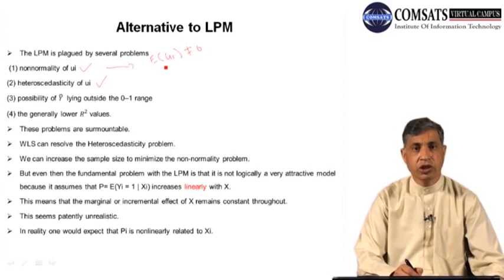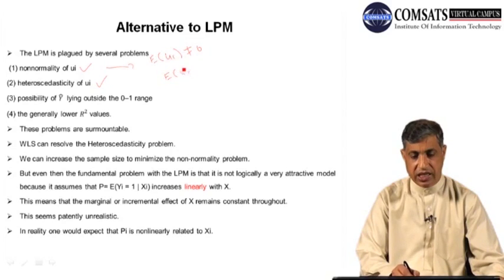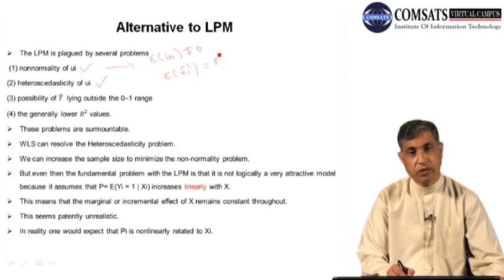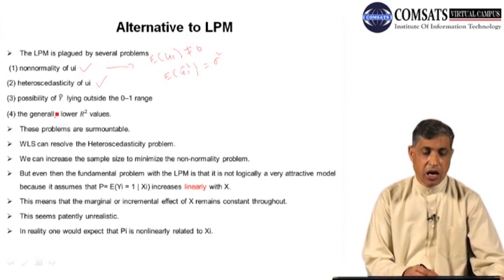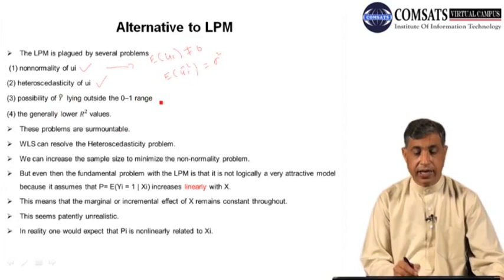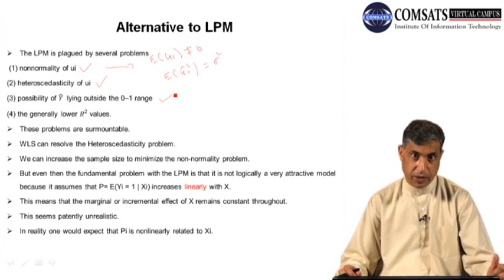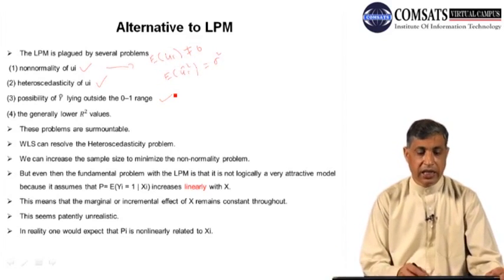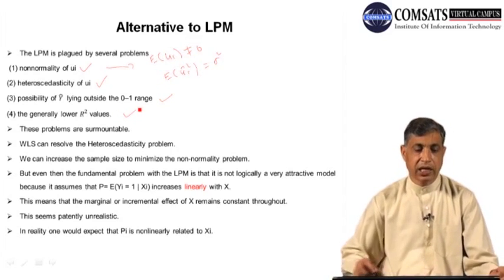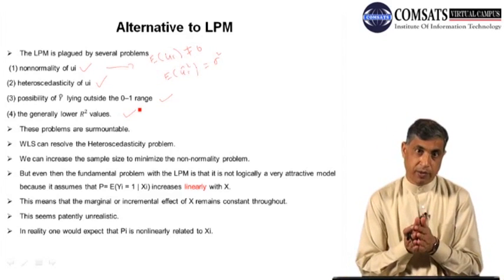Heteroscedasticity: the expected value of Ui hat square is not sigma square, so it is not homoscedastic. The possibility of y hat lying outside the 0 and 1 range was the third problem with the LPM. And the last was generally lower R square values.